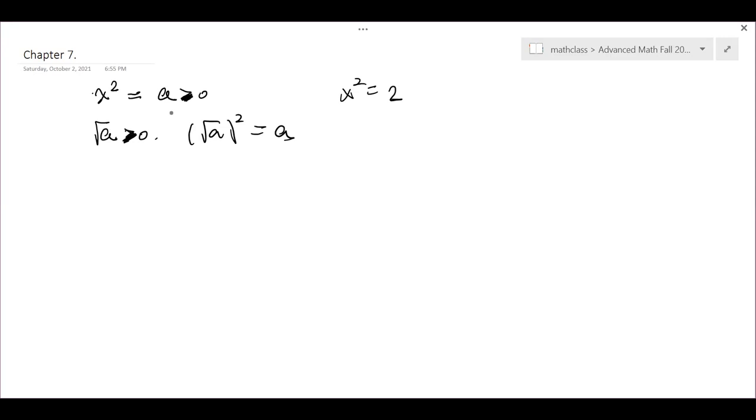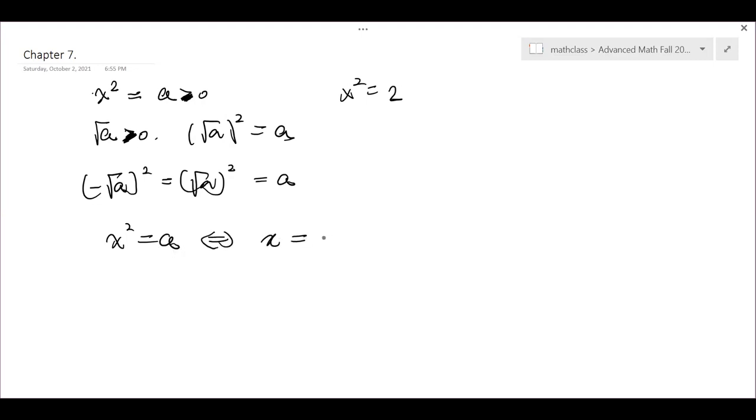But you also notice that the negative square root of a, squared, is also going to be a. So if we solve the equation x squared equals a, you're going to get two solutions, denoted by plus minus square root of a.